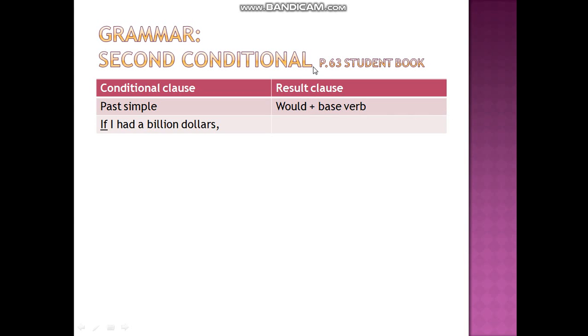Of course, we add the if, then past simple: subject, verb 2, complement or object. If I had $1 billion, I'm imagining that I might have $1 billion, and if I had $1 billion, I would buy a castle.